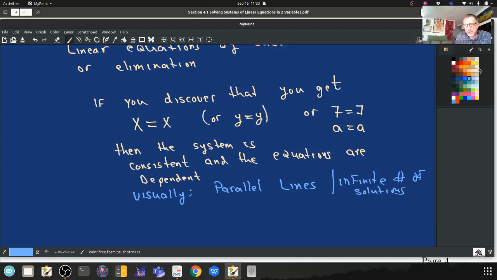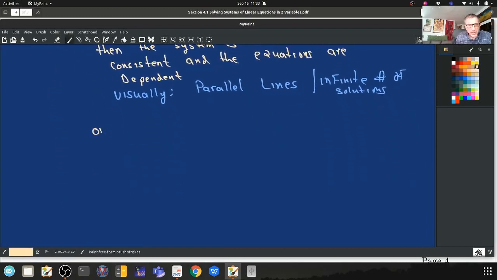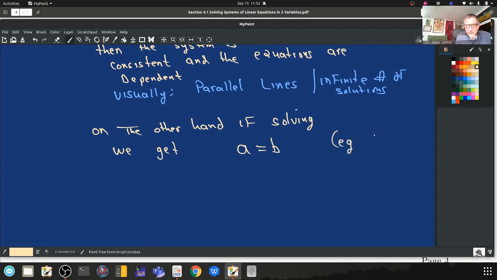So if, on the other hand, solving in the same sense as before by substitution or elimination, we get A is equal to B, for example, 5 is equal to 0, where A and B are different numbers.